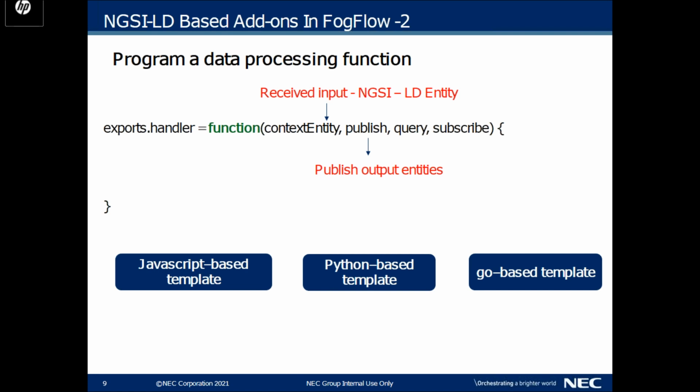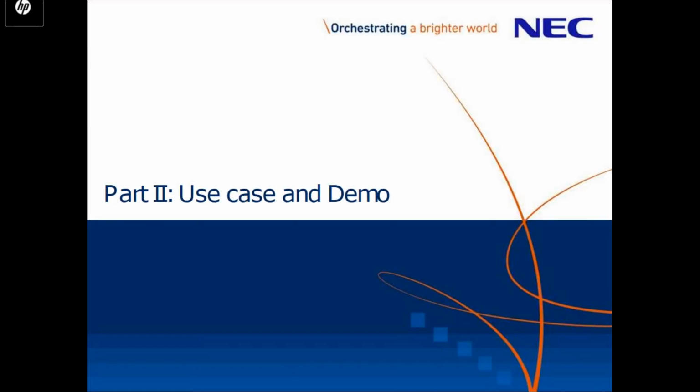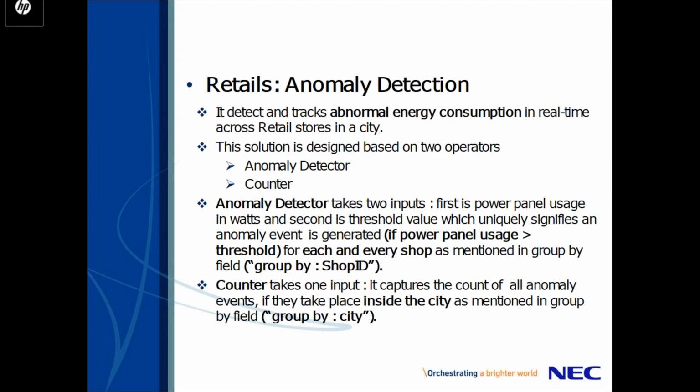So moving to my next slide. Now the use case and demo will start. The use case is an anomaly detection use case. In FogFlow there are already a few use cases which are NGSI v1 based.